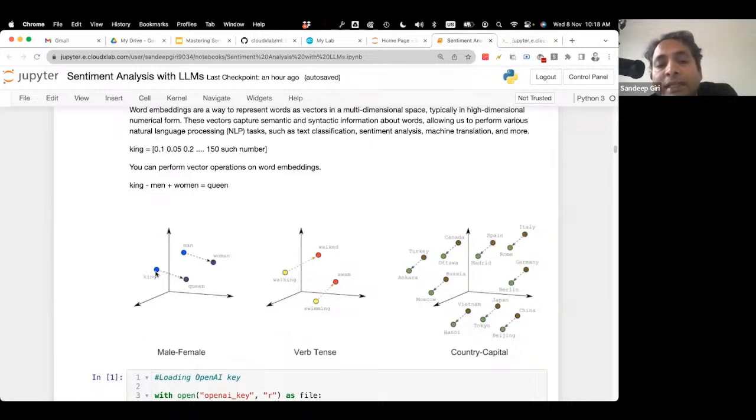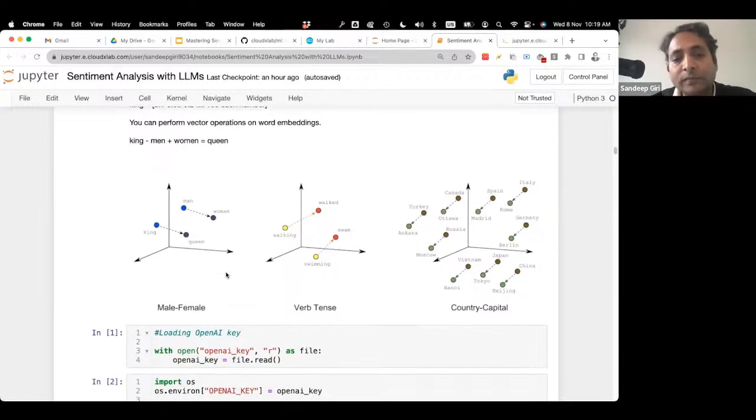And you say that there is a distance between king and queen, and man and woman. The interesting part was that if you do a subtraction of these vectors, you reach a very good place. For example, king minus man plus woman would lead to queen. That was another very interesting aspect of this.